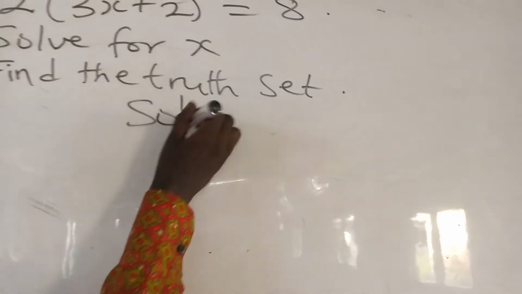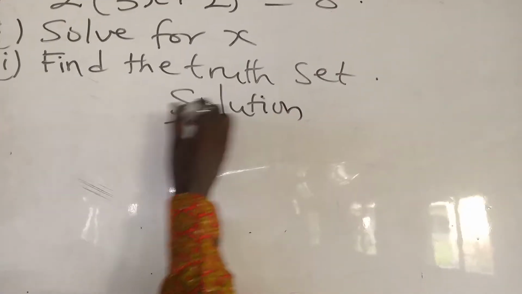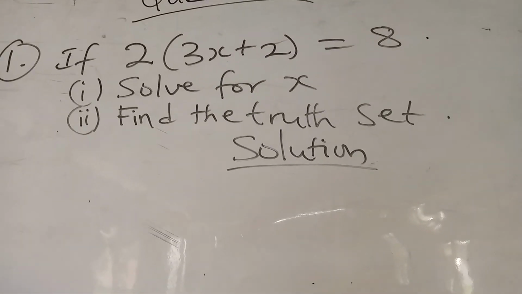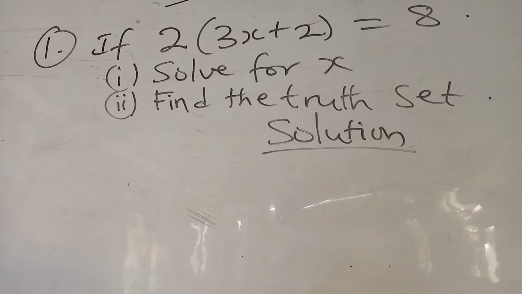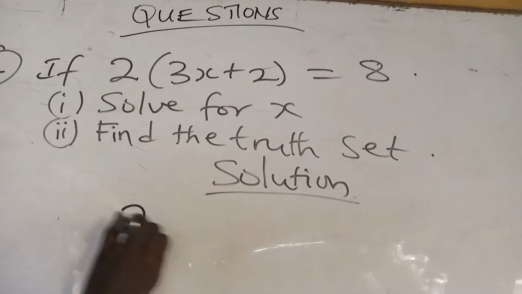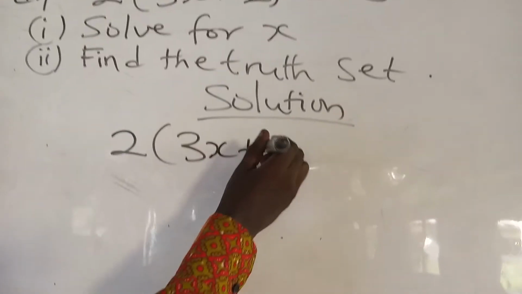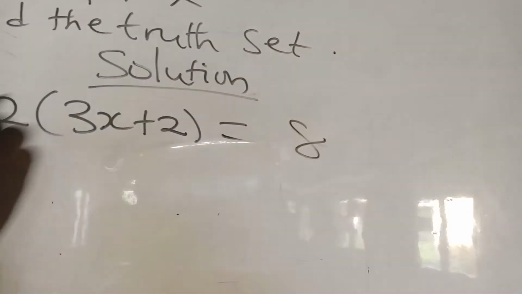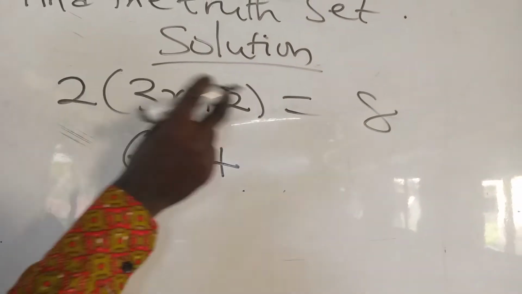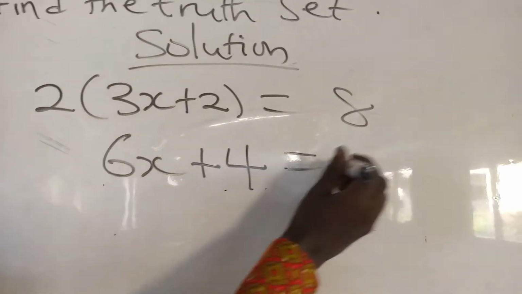So to solve this question, we remove our bracket, or we eliminate our brackets. So it becomes 2 times 3x is 6x plus 2 times 2 is 4, equal to 8.